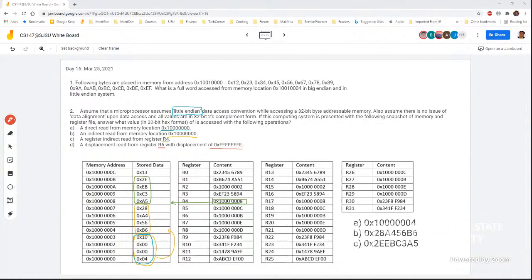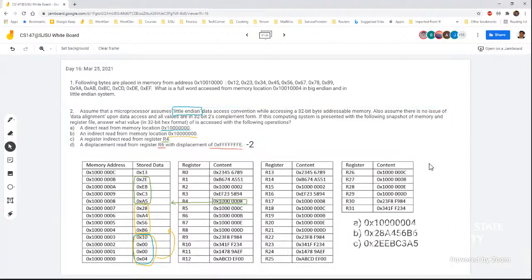Let me just check. Yep, okay, this is -2.